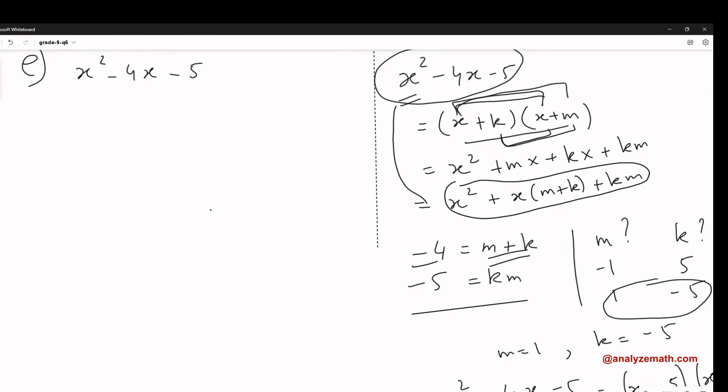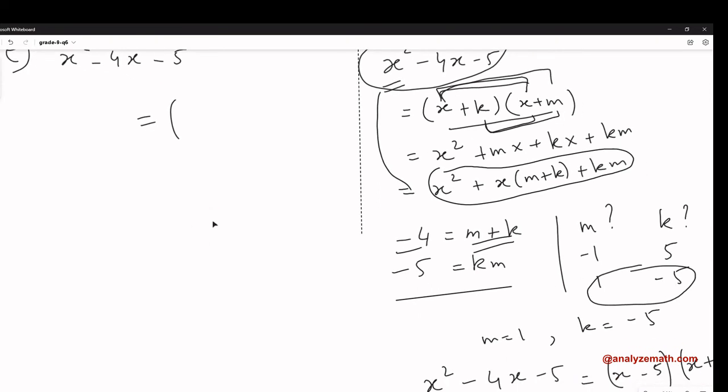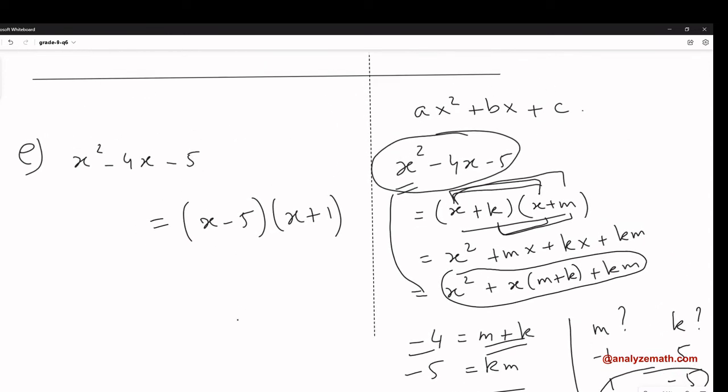Now the answer will be (x − 5)(x + 1). Let's check. x multiplied by x gives me my x². x multiplied by 1 gives me +x, and this gives me −5x, that gives me −4x, that's good. −5 by +1 gives me −5, and this is my factoring for part E.